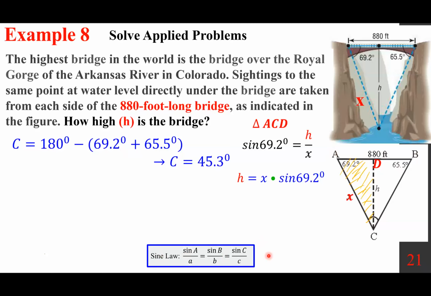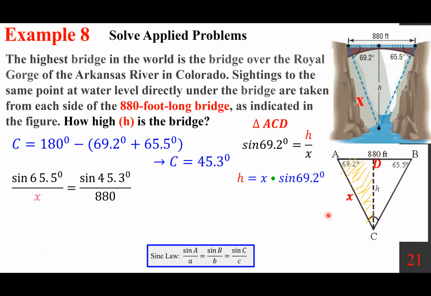Therefore, sine of B, 65.5, over the missing x, is the sine of C that we found, the sine of 45.3, over AB, and we know it to be 880 feet. Okay, so one more time. Sine of 65.5 degrees is opposite the x.